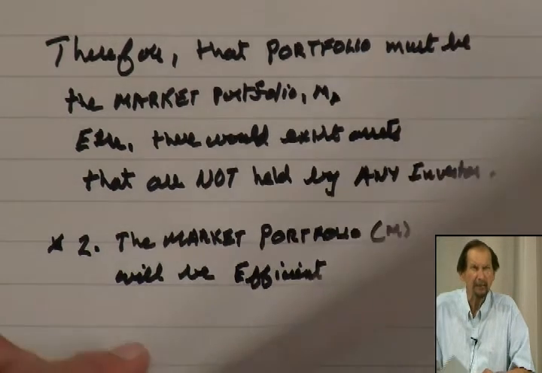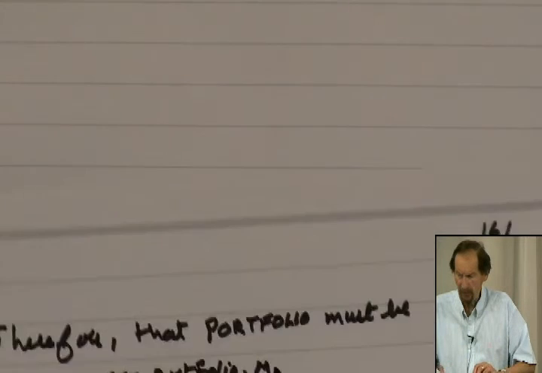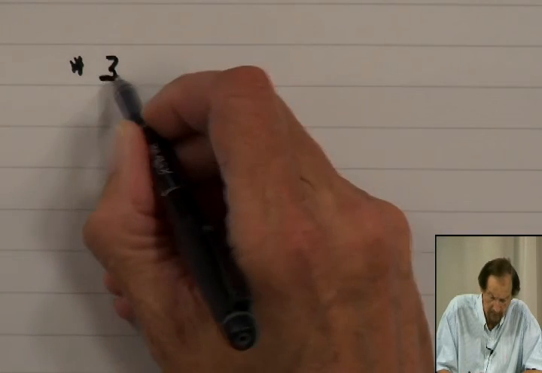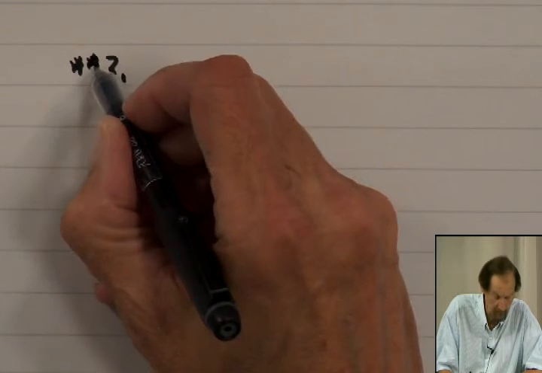Okay. Now, the key thing here is the following. Here's another key implication of this. And this we'll go over again next time. Number 3, let's put 2 stars here.